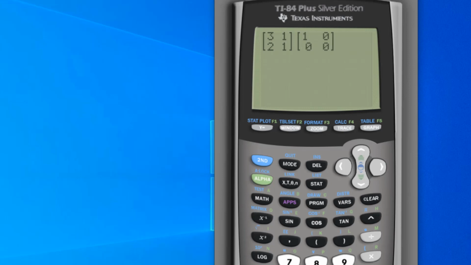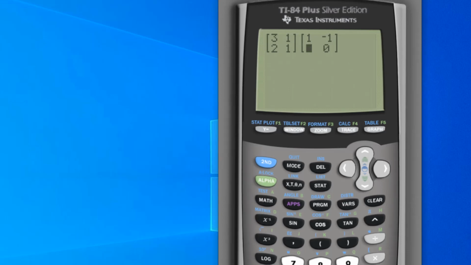So this will be 1, negative 1, negative 2, and then over to the next position, 3.